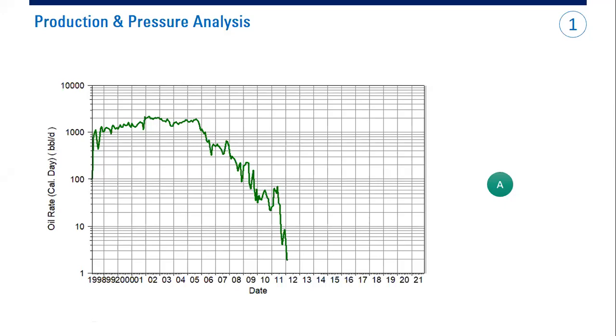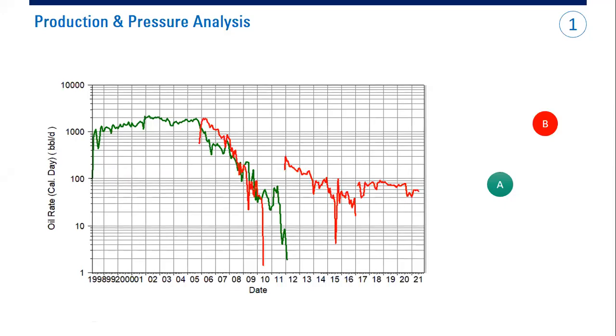After we survey the adjacent area, we know that we have another well, well B. You can see the early phase of production, well A gives us stabilized production. But after well B goes on stream and starts producing, you can see the production of well A drops.